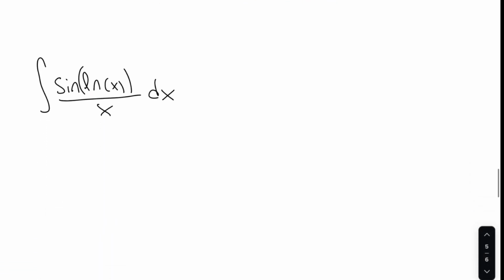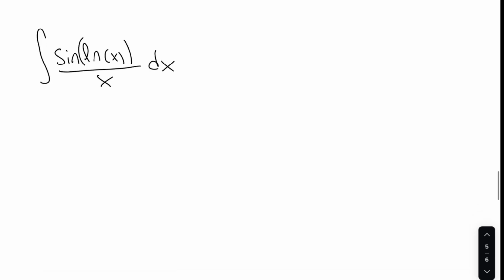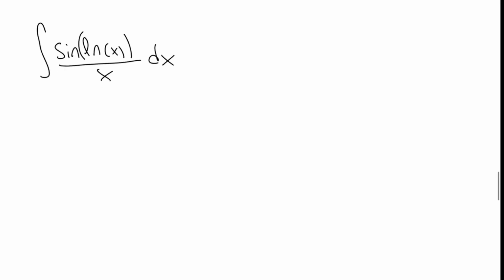Okay, let's get to our final problem now, which is sine, and then inside of the sine is ln of x over x. So this one might look hard, but if we stay true to our process, we can figure it out. Our first step is finding u, and again, we're going to use the inside of the function.